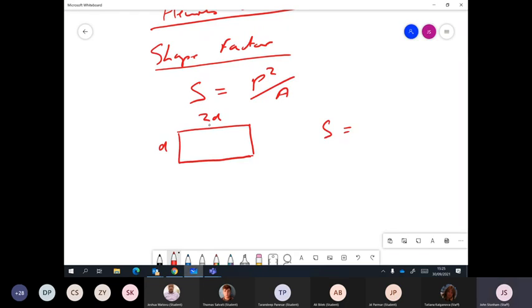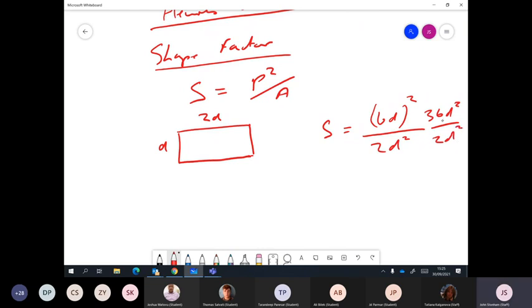Right, the perimeter is going to be 2D, 3D, 5D, 6D. So the perimeter squared is going to be 6D all squared, divided by the area, which is going to be 2D squared. Sorting that out, we're going to get 36D squared over 2D squared.